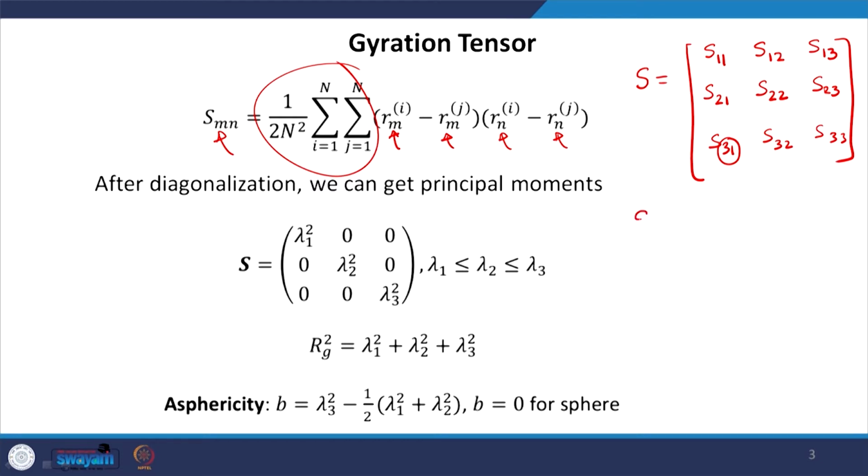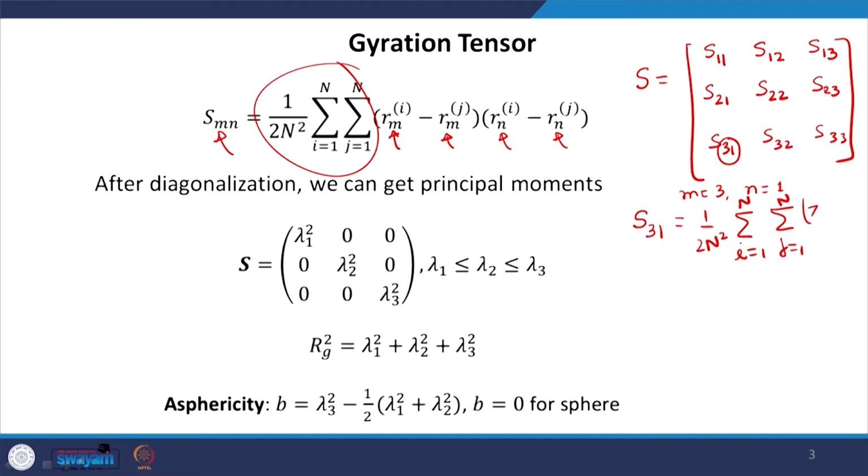Let us say, for example, S31 corresponds to the case where m is equal to 3 and n is equal to 1, and therefore it is 1 by 2n squared, sum over i equal to 1 to n, j equal to 1 to n. Then I am looking at Rm, that is the third component, the z component.